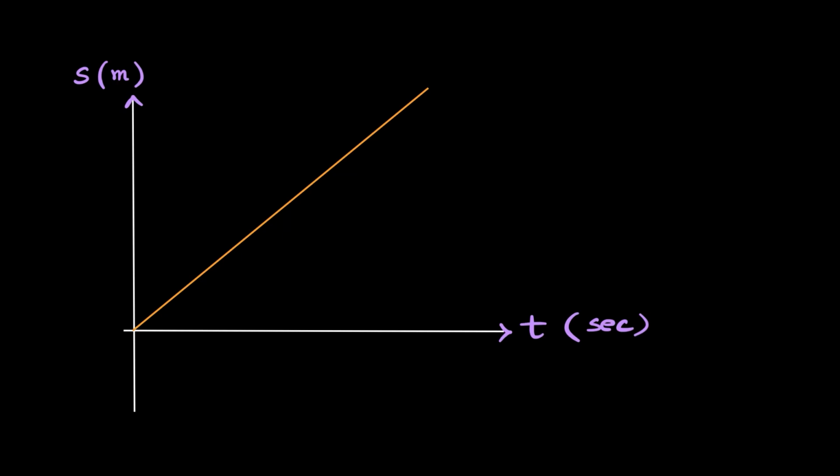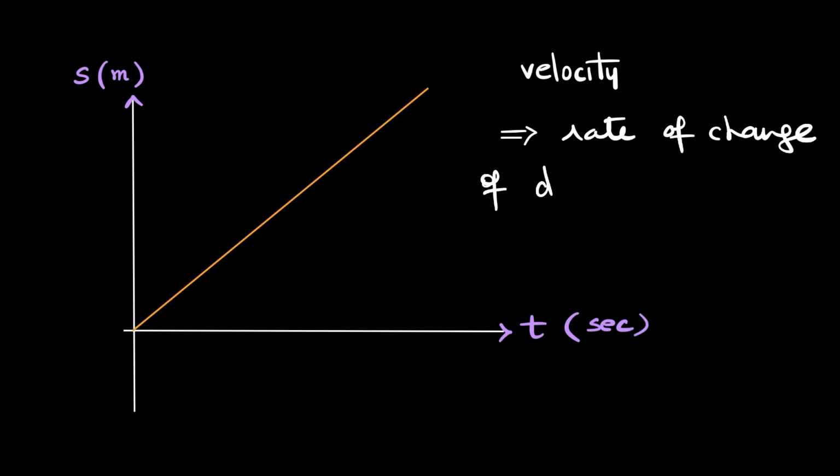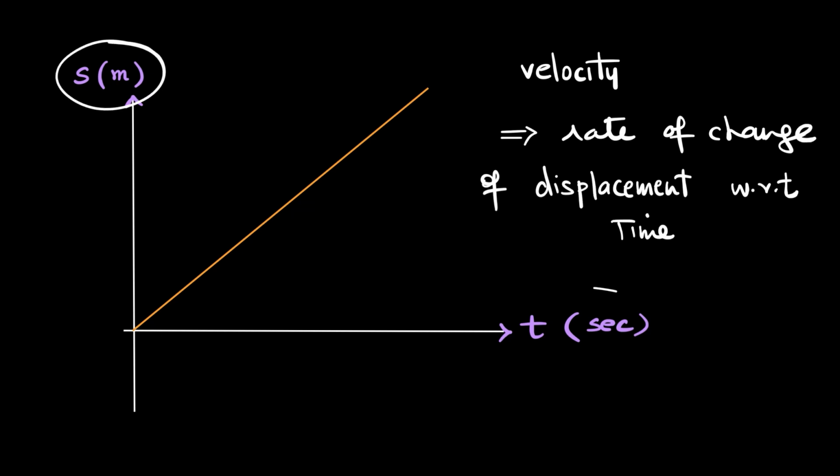Now, first of all, we have to define what is velocity. Velocity is defined as rate of change of displacement with respect to time. That means displacement is on the vertical axis, time is on the horizontal axis.